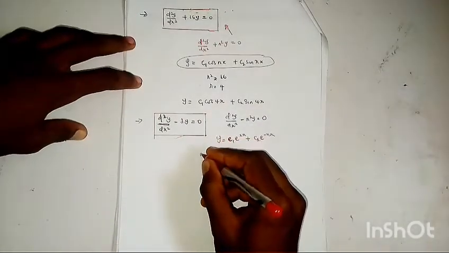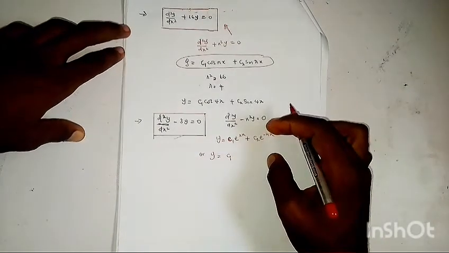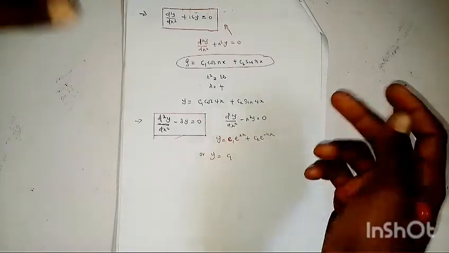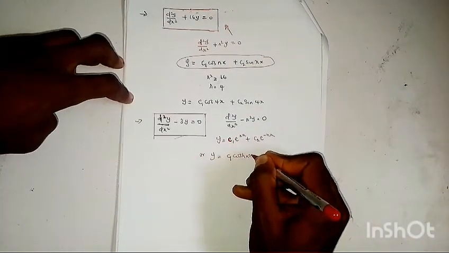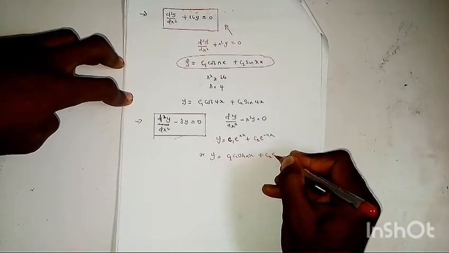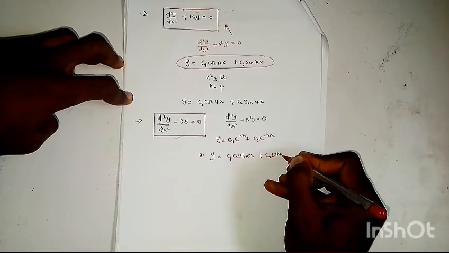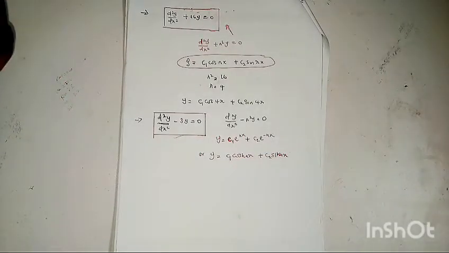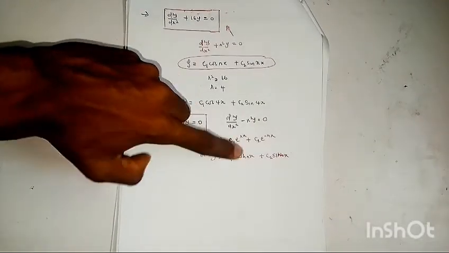Or when they simplify this using hyperbolic functions, we have c1 cosh nx plus c2 sinh nx. Is that understood? So either you express the solution in this form, or in this form.